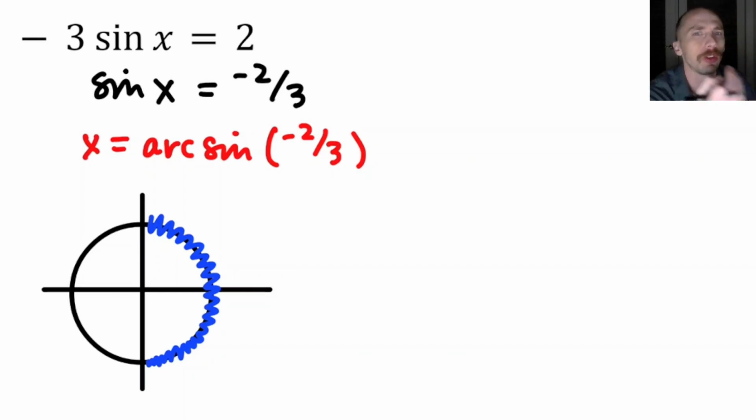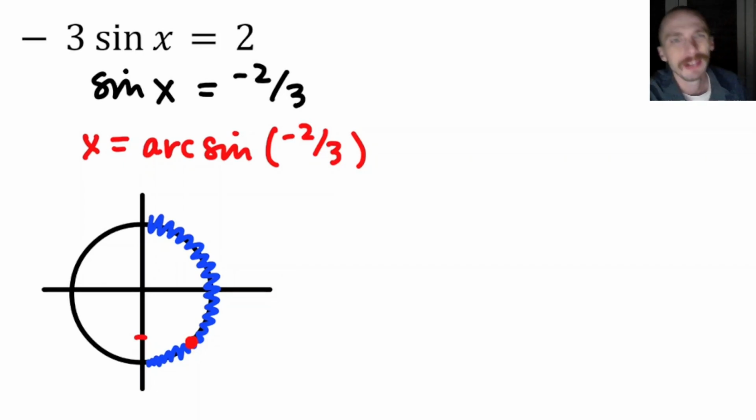Okay, so the vertical displacement from the x-axis is -2/3. That would be down here. So this is going to be someplace right there-ish. And then there's going to be another place about there. Okay, so that's my first value. I think I need to maybe make more use of color here.